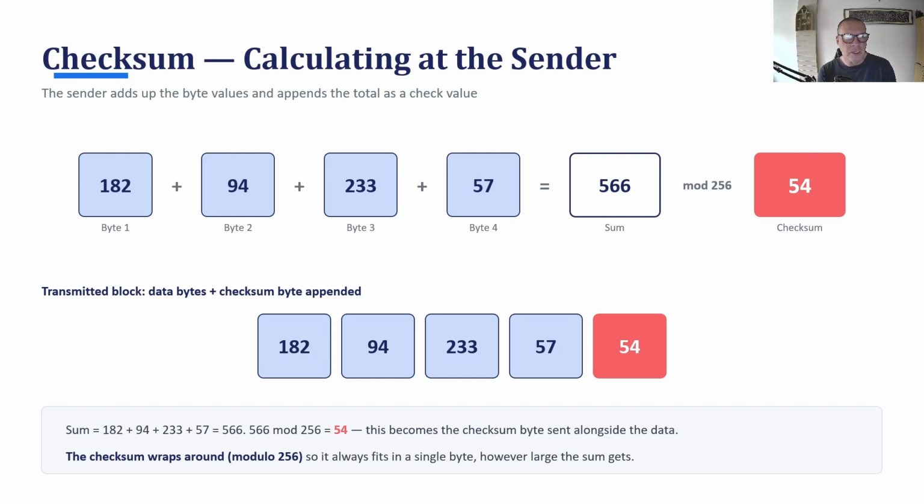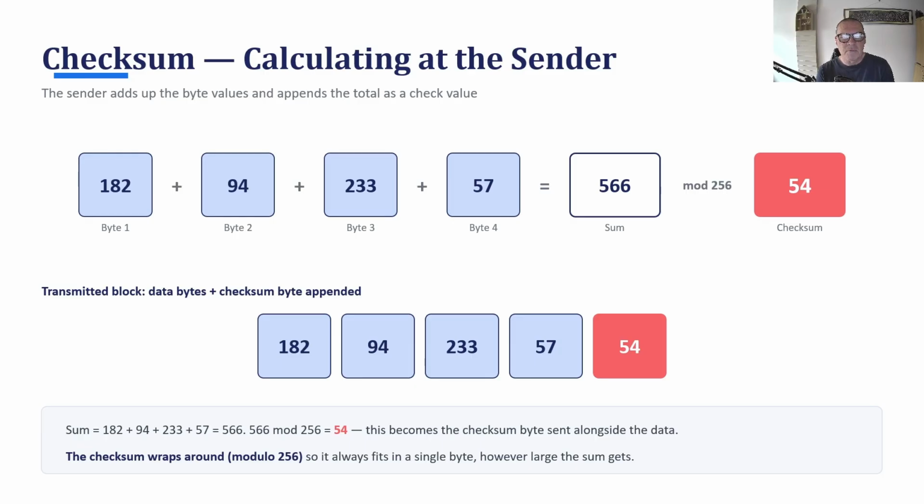We've written the denary numbers in there, but these are the total values of those numbers. And we add it all up and we get 566 in this case. And then we mod it with 256. So that means we want the remainder. So we divide 566 by 256 and take the remainder, which is 54.